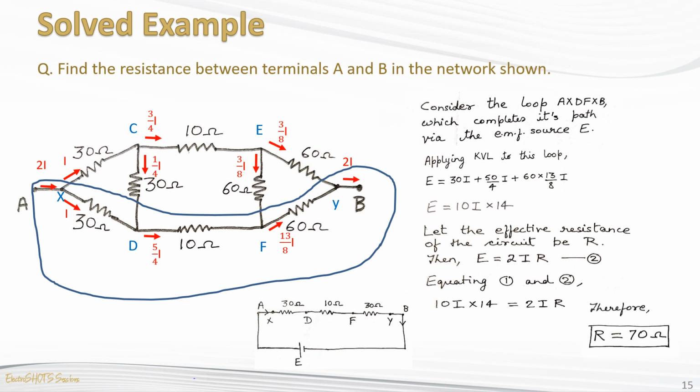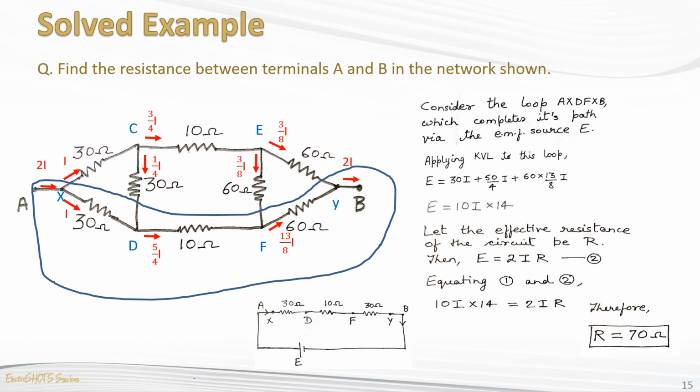After that, I assume that there is an effective resistance R which needs to be found at the end of this example. This can be written by applying the equation of EMF: E is equal to 2IR. This is equation number 2.